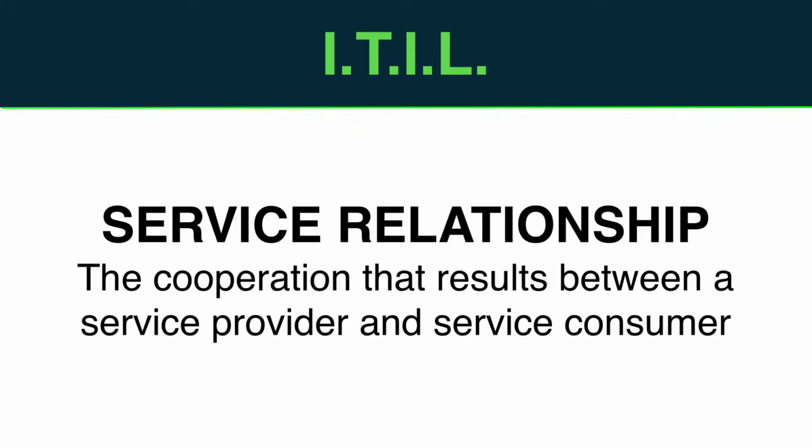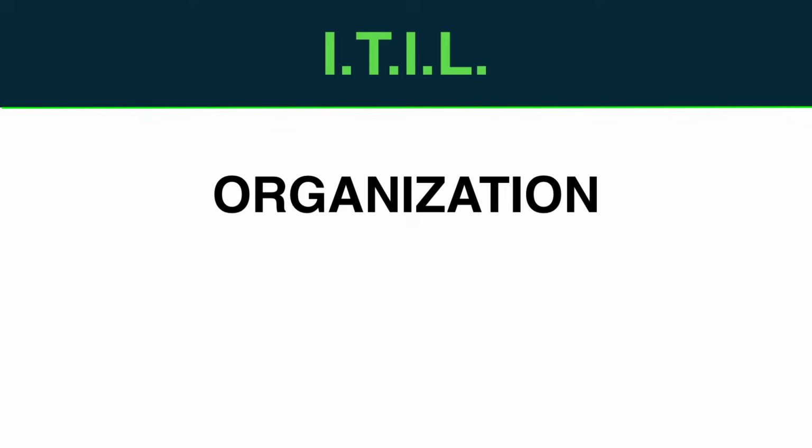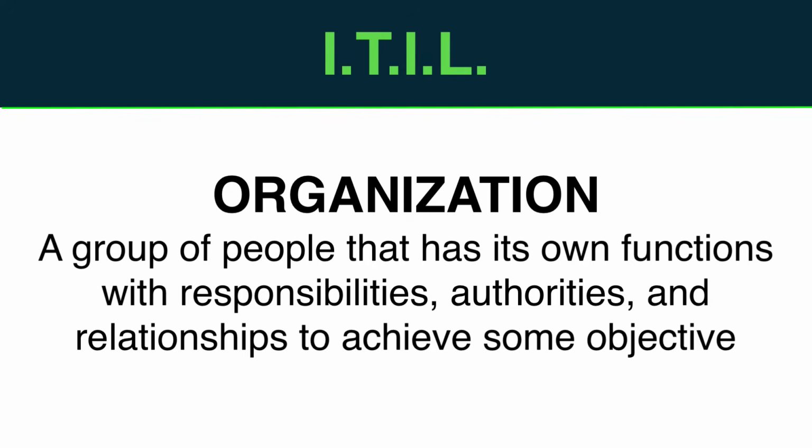Now, let's review just a few people-based concepts that are mentioned in ITIL, starting with an organization, which they define as a person or group of people that has its own functions with responsibilities, authorities, and relationships to achieve some objective. And they make the point that organizations are almost always both the providers and consumers of services.